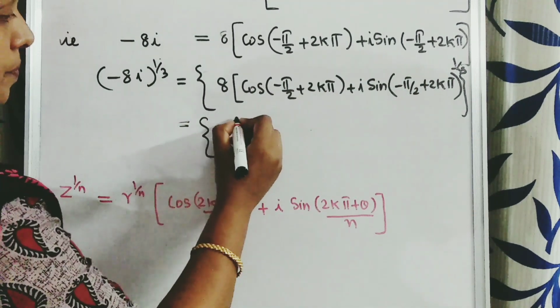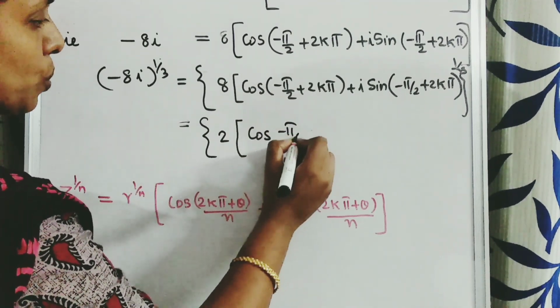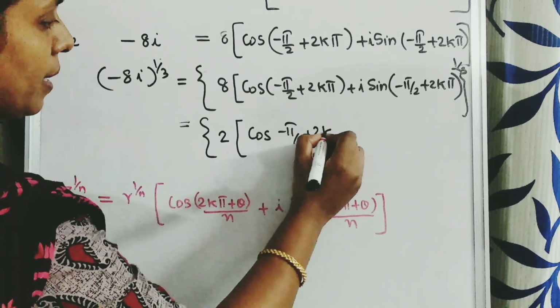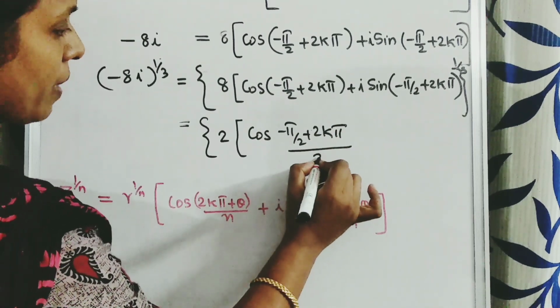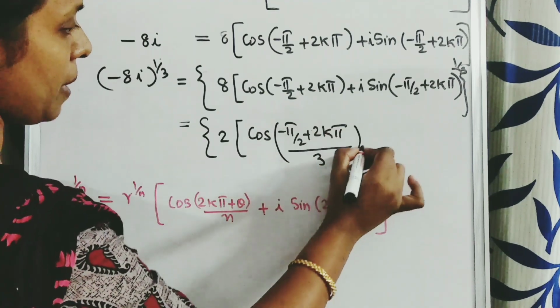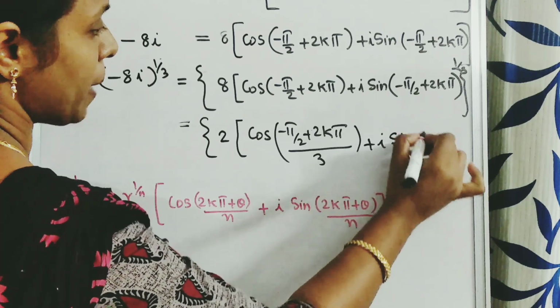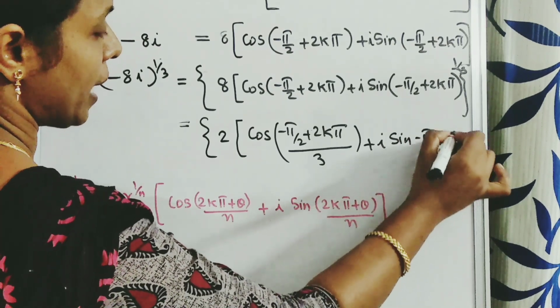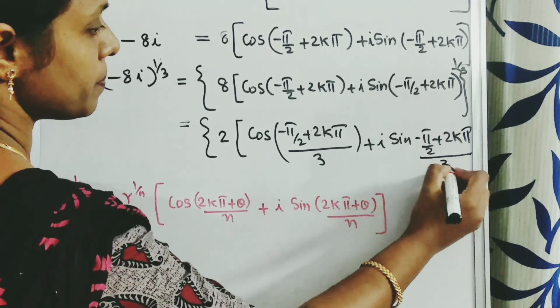Next we write cos of (negative pi by 2 plus 2k pi) divided by 3, here n is 3, plus i into sin of (negative pi by 2 plus 2k pi) divided by n, here n is 3.